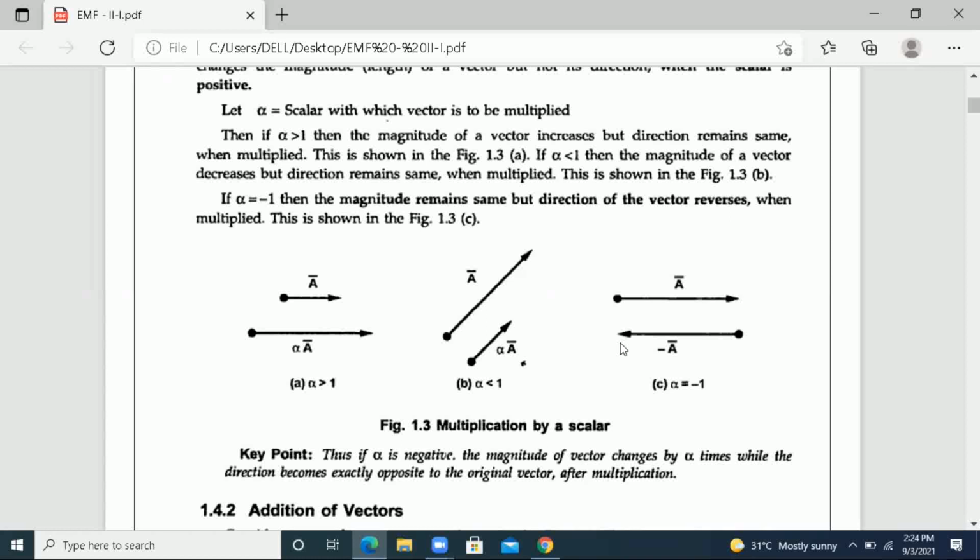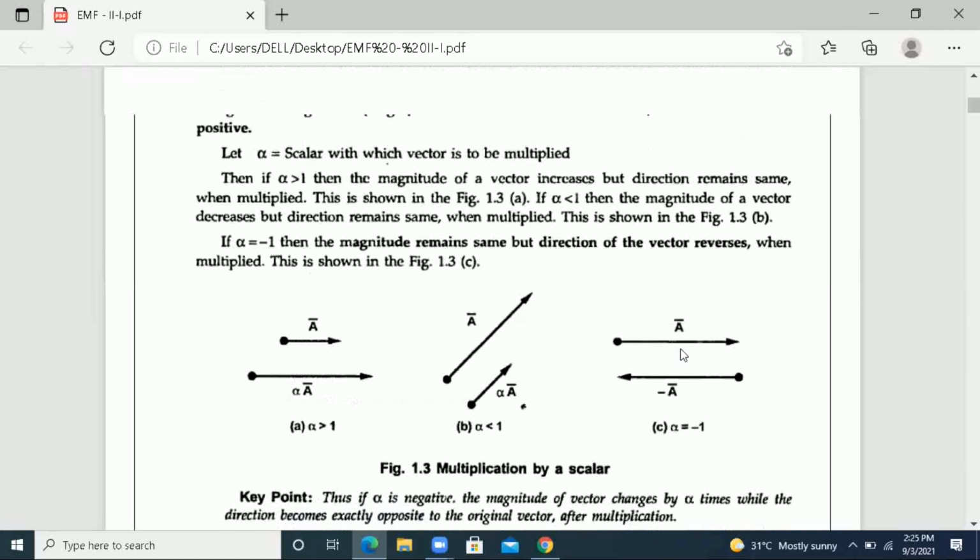Of course, you can have alpha equal minus a half. It would still change direction, but the magnitude will be split in half.